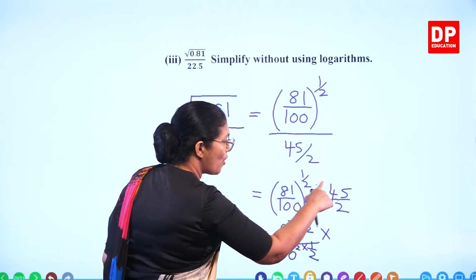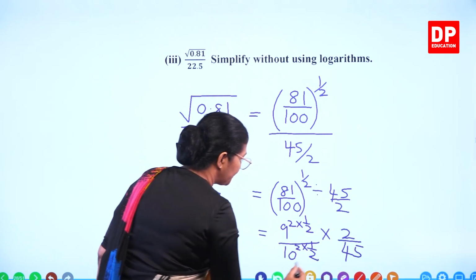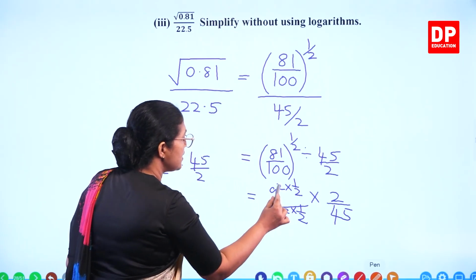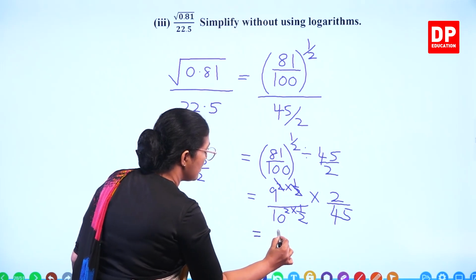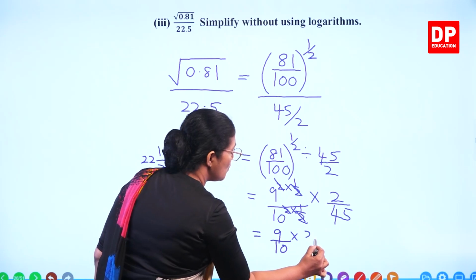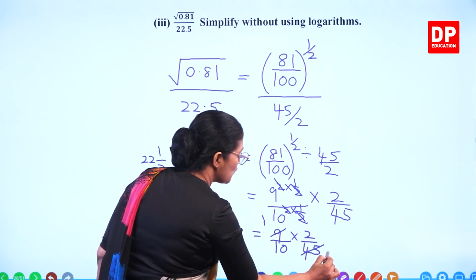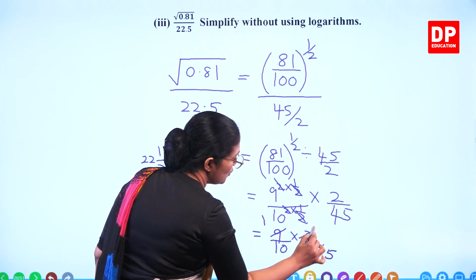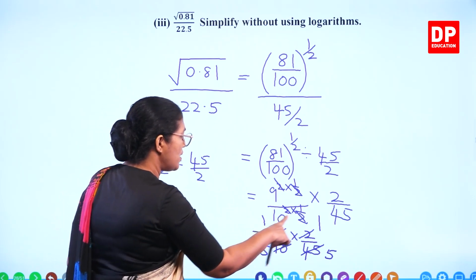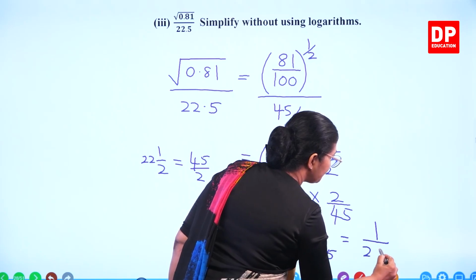Multiplied by the reciprocal of the second fraction. 2 goes up and 45 goes down. So what's the value? You get here 9. This one is 10. 2 over 45. 9 times 1, 9 times 5. 2 times 1, 2 times 5. What's the final answer? 1 times 1 is 1. 5 times 5 is 25.